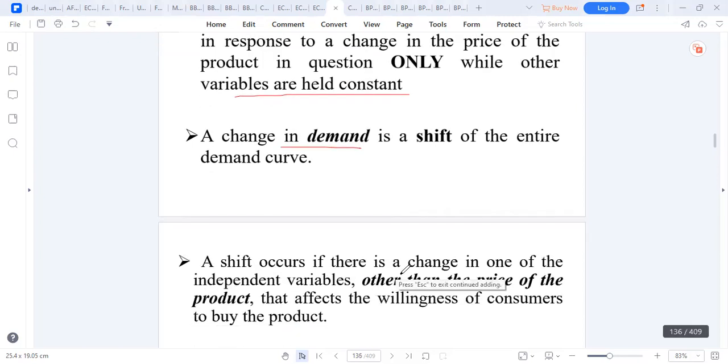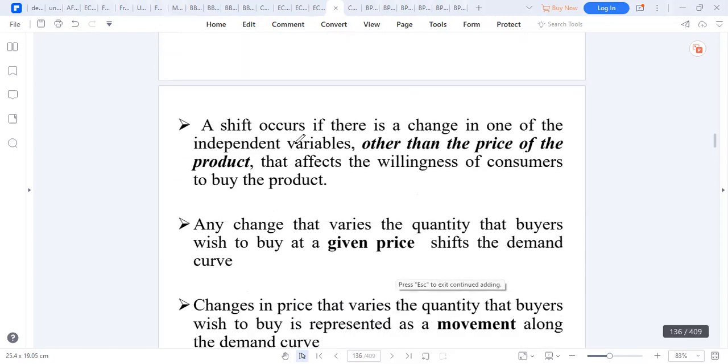So this is different. A shift will occur if there is a change in one of the variables other than price. For instance, a change in advertising, a change in the price of a substitute good, a change in income, will cause a shift. But if there's a change in that particular good's price, it will be a change in quantity demanded. So you must understand that these are two different principles.